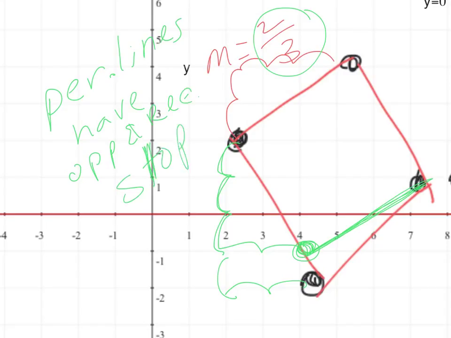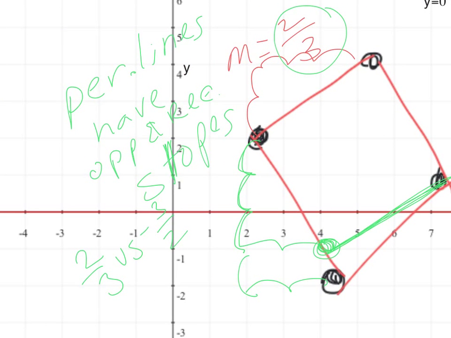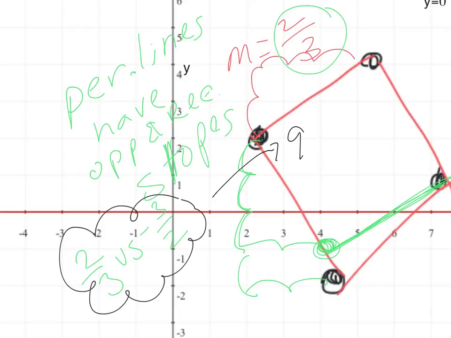For example, 2 over 3 versus negative 3 over 2. And this is how you can prove that this is 90 degrees right here. Alright, so you need to know that. So you should make yourself a flashcard for this. Okay.